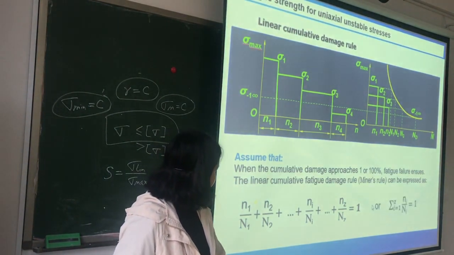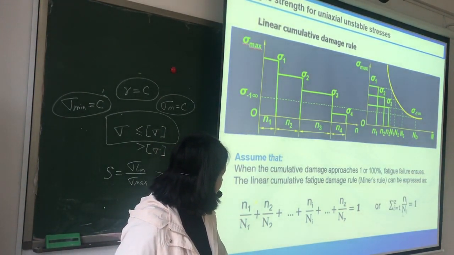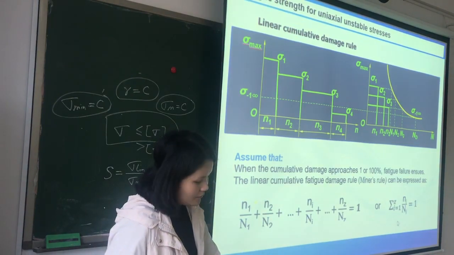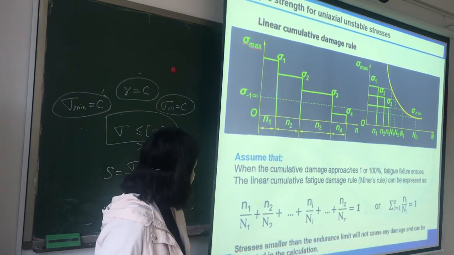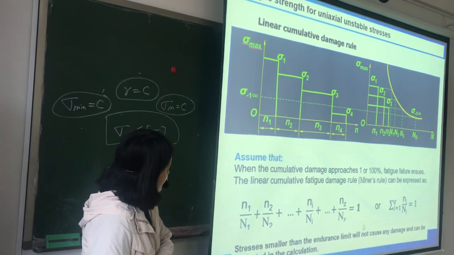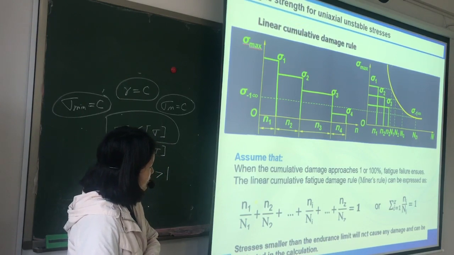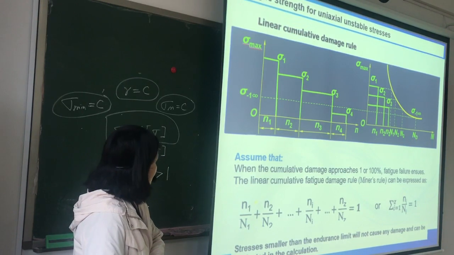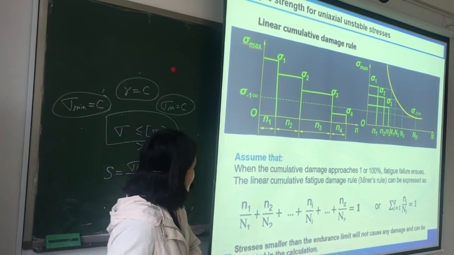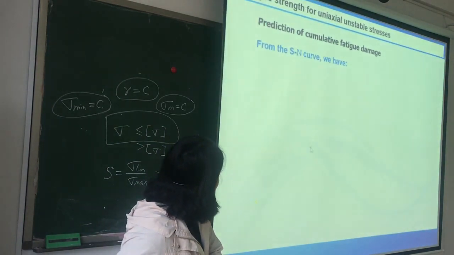Or we can express it as the sum of ni divided by big Ni is 1. And a stress smaller than the endurance limit will not cause damage and can be neglected in the calculation.